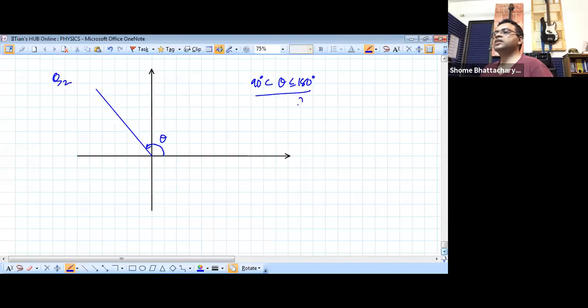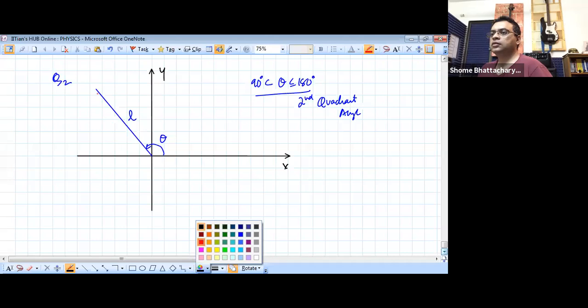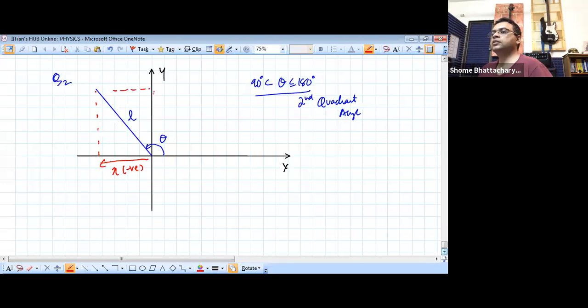So second quadrant angle. Okay. So now what is happening? If this rod is of length L, the x coordinate of this end of the rod is becoming a negative x coordinate. So when you drop this perpendicular this time here, the x coordinate of this, this is negative. Okay. Whereas the y coordinate is positive.